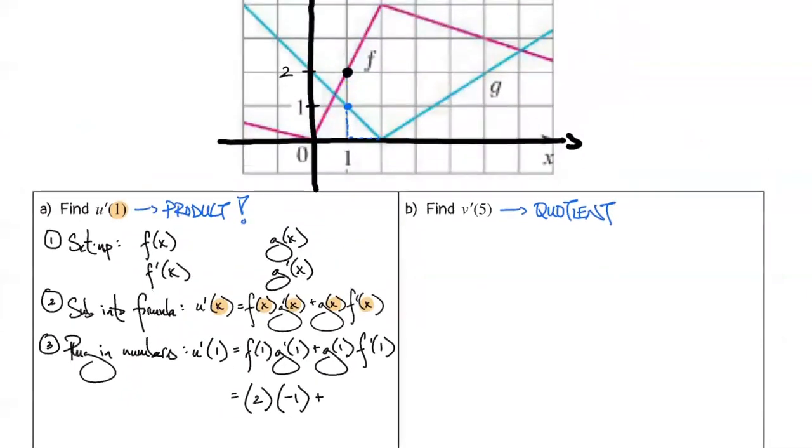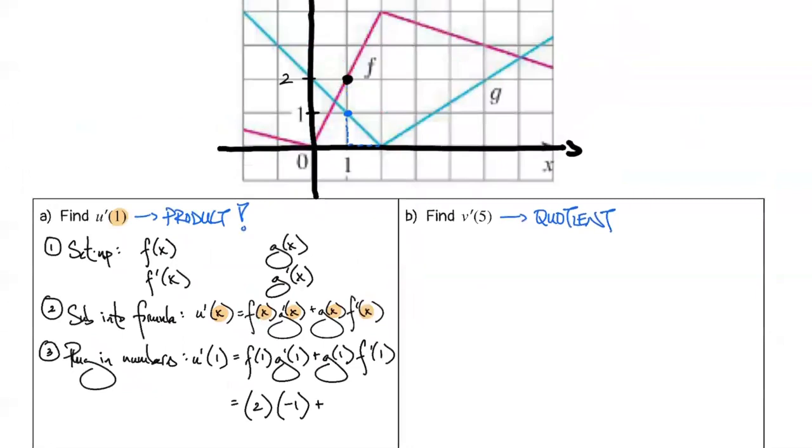Can you tell me what g of 1 is? That's really asking what's the y value of that blue point? It is indeed 1.